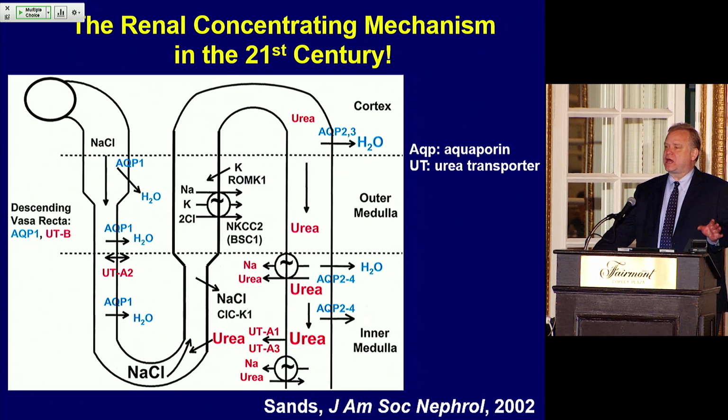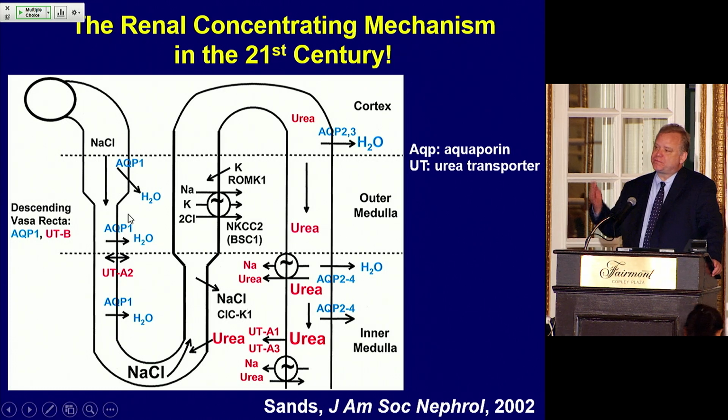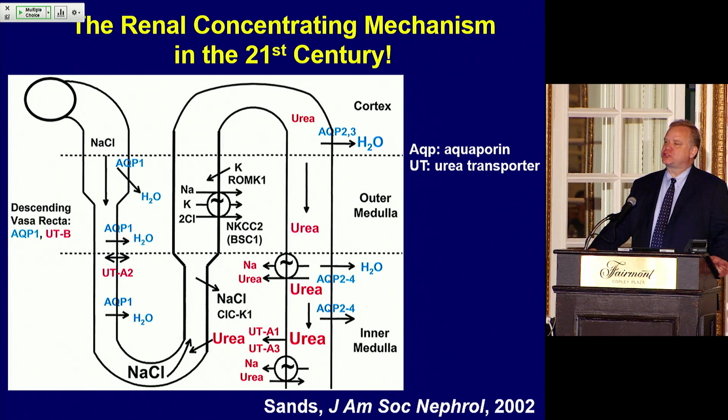I like this slide. It just sort of reminds us that there is a molecular physiology of water reabsorption along the nephron. And again, this theme that it's really the entire tubule that plays a role in water conservation. So within the proximal tubule, there's apical and basolateral aquaporin 1, which was the initial water channel discovered in red cells.